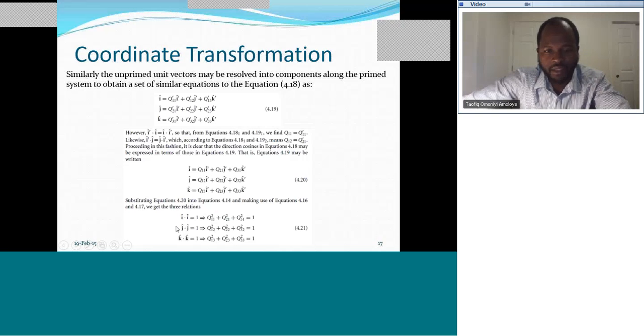Similar expressions go for J dot J and K dot K. Then we proceed further.